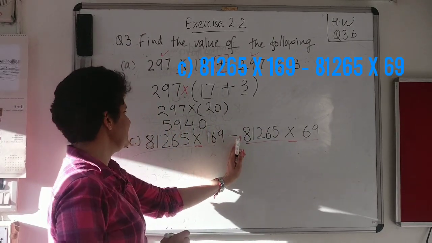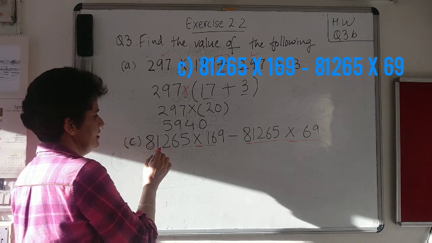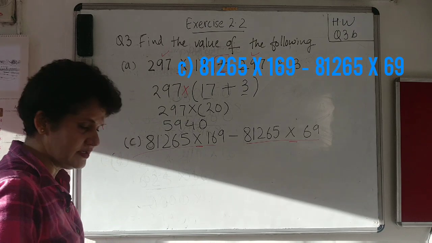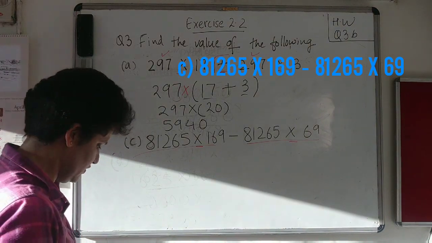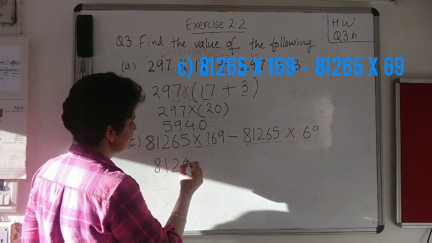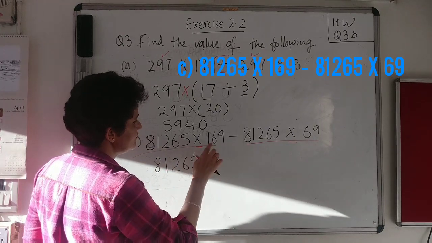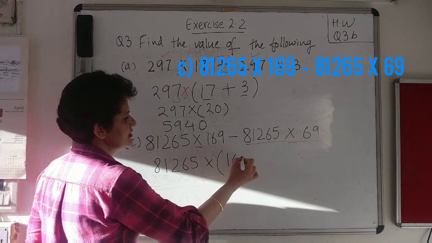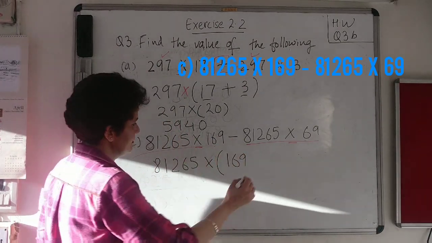When you look at it, I clearly see this one. 81,265 is common on both sides. So I'll bring it outside, and everything else I'll put in the bracket. So let me solve. I'll write 81,265 outside and a multiplication sign, because the relation is multiplication. After that I'll put the bracket. So this becomes 169. After that, what do I have? Minus, I'll write that.